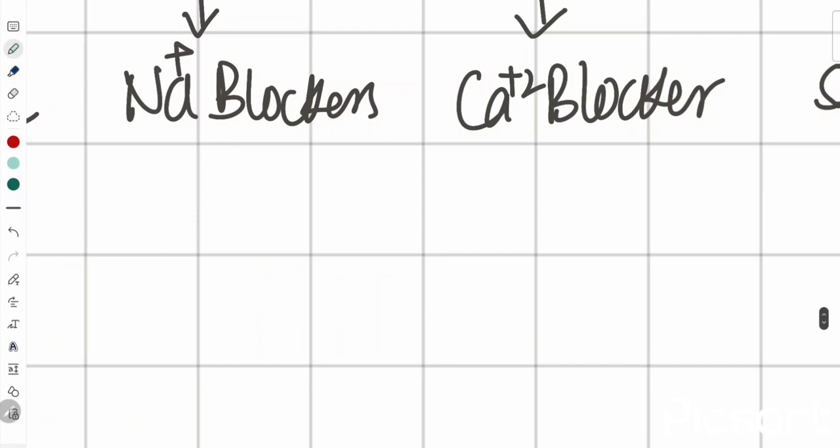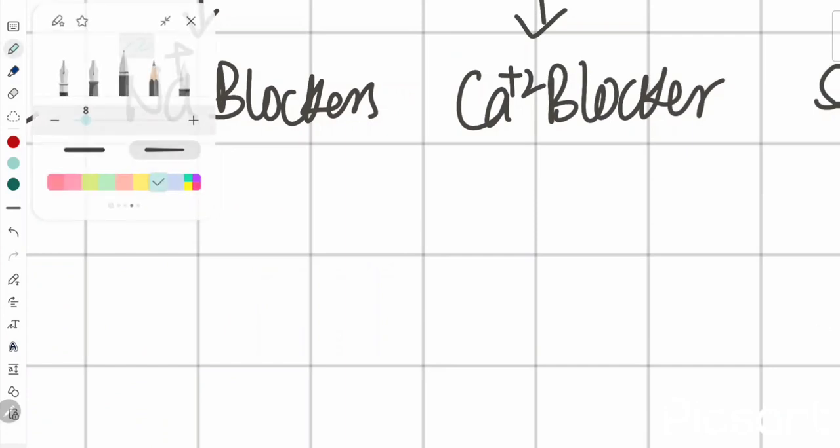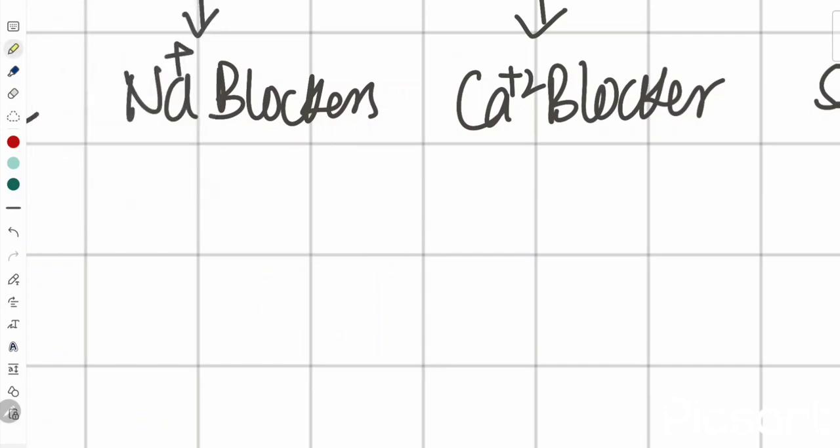Sodium blockers. The way to remember sodium blockers is Carl, Frank, and Larry purchased a TV.